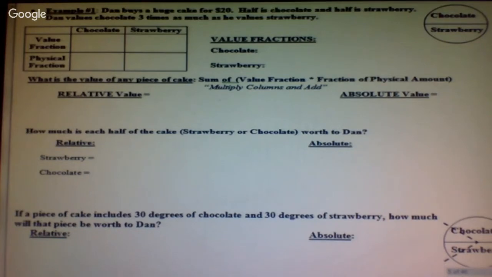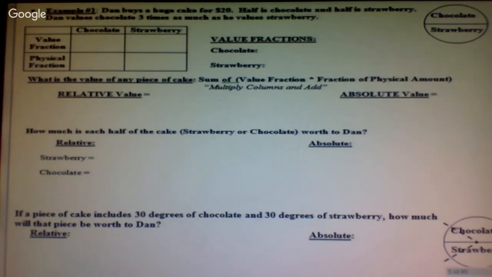If you had to assign numbers to chocolate and strawberry, what would you assign? 3 and 1. Okay. Keep it small.